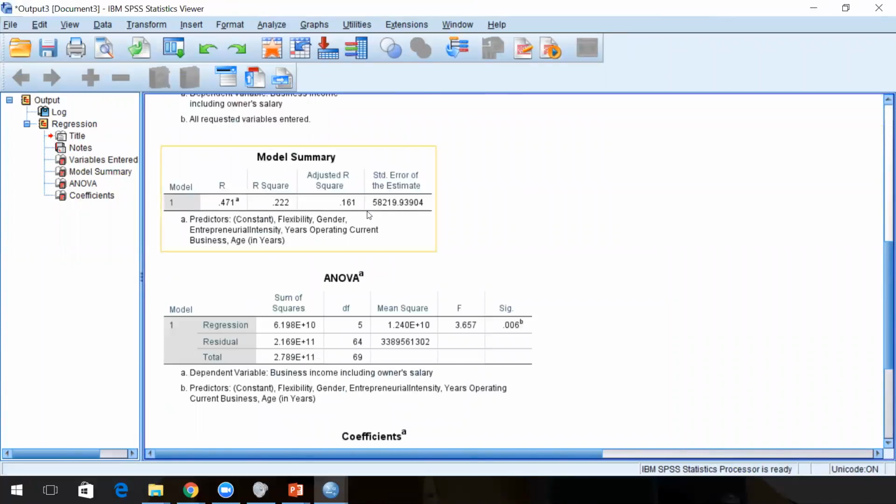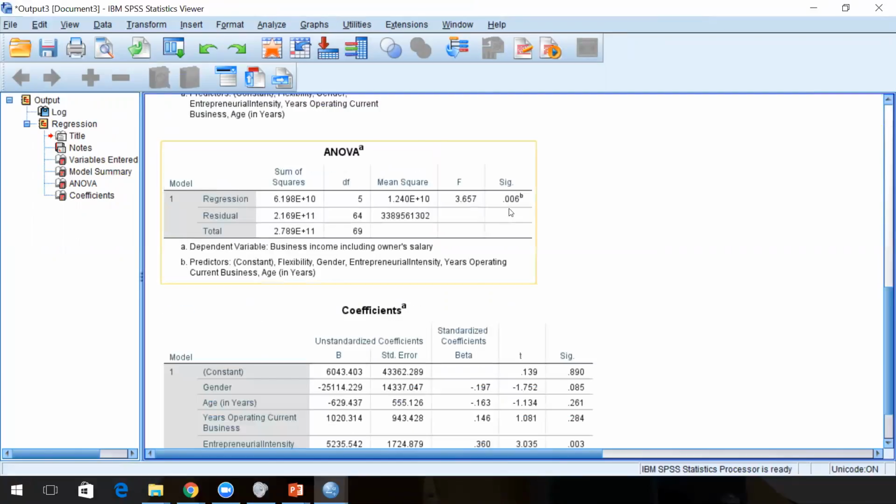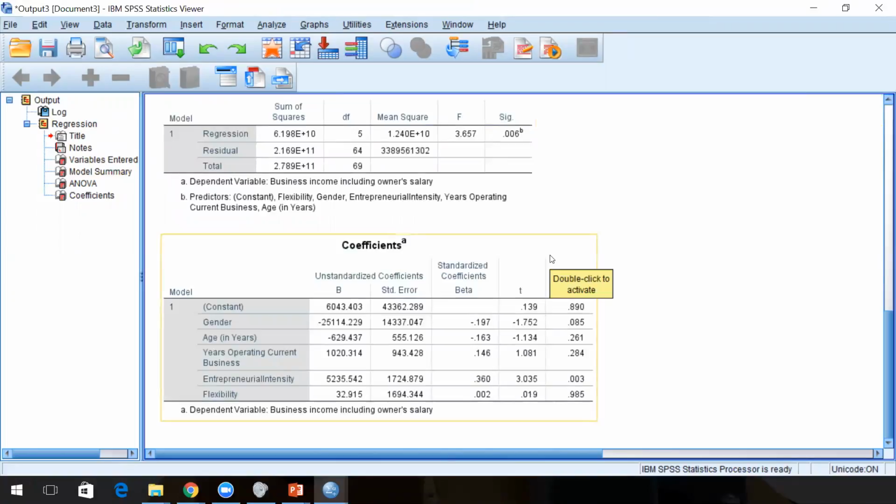So interesting, R square 0.22 or 22.2%, not all that high. We're not explaining a lot of variation in salary. And when we look at our results here, we actually find some interesting things. You see a lot of coefficients, but not a lot is actually statistically significant. And that's partially due to our small sample size. We'll talk about that.